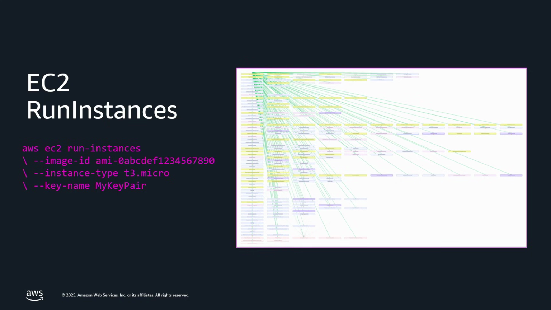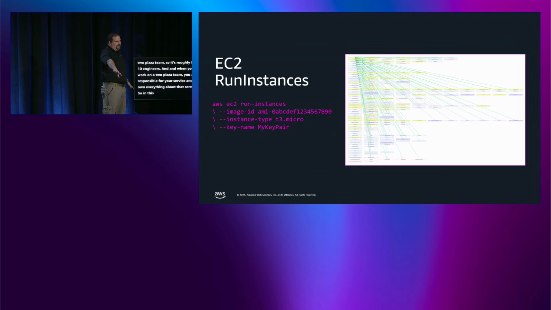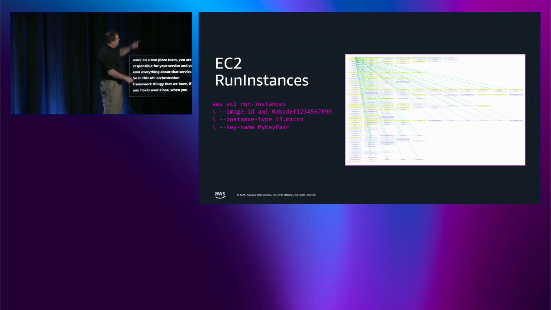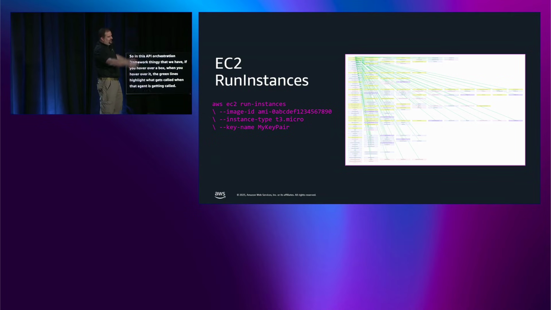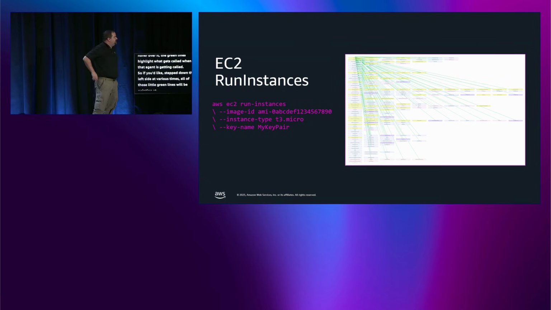So in this API orchestration framework, when you hover over a box, the green lines highlight what gets called when that agent is getting called. So if you stepped down the left side at various times, all of those little green lines will be pointing at different boxes. So each step in that process is a number of services that get called underneath the hood.